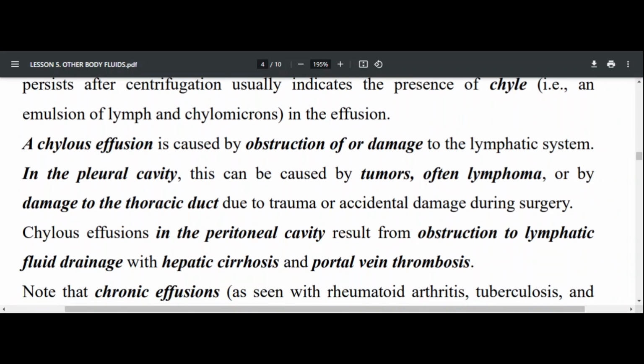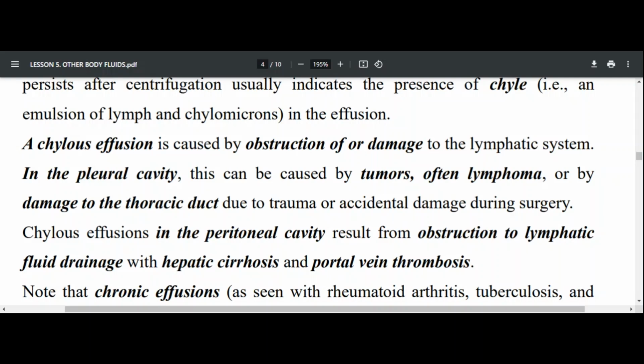A chylous effusion is caused by obstruction or damage to the lymphatic system, of course, and in the pleural cavity this can be caused by tumor or lymphoma, damage to the thoracic duct, and also accidental injury during surgery. Lymph and chylomicrons then accumulate as a chylous effusion.